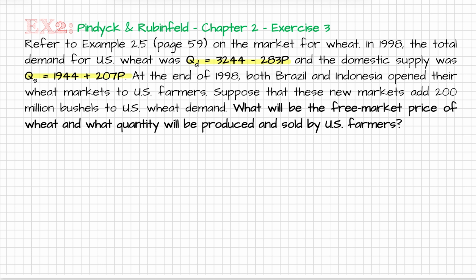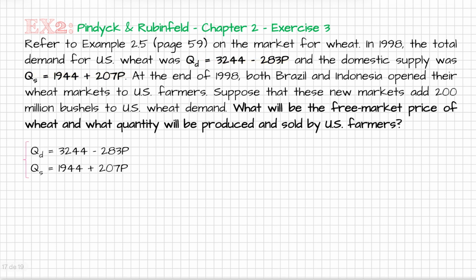At the end of 1998, both Brazil and Indonesia opened their wheat markets to U.S. farmers. Suppose that these new markets add 200 million bushels to U.S. wheat demand. What will be the free market price of wheat, and what quantity will be produced and sold by U.S. farmers? In sum, the problem is asking us to calculate the equilibrium price and quantity considering a new demand.